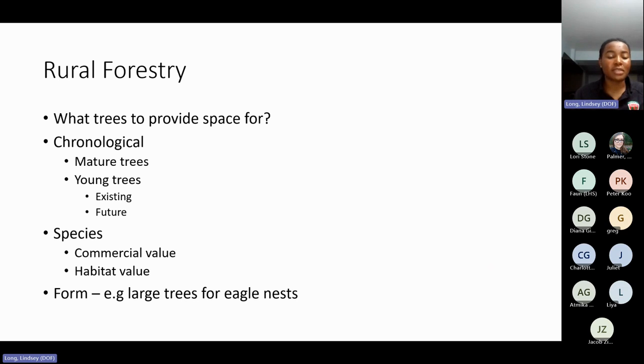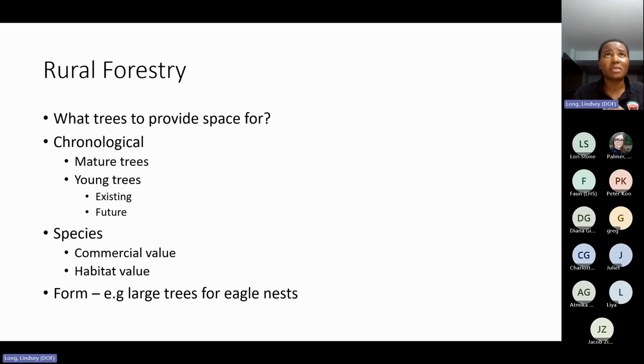So this is just a list of qualities in trees that you can select to manage for. Chronological characteristics, so we could manage for old trees, young trees. We could manage for existing trees or future trees.